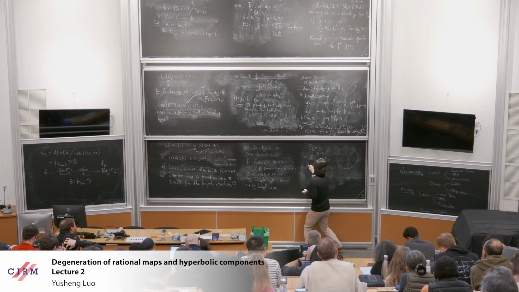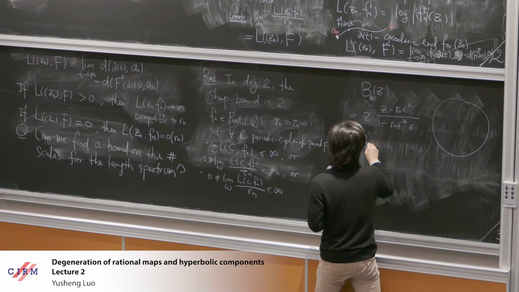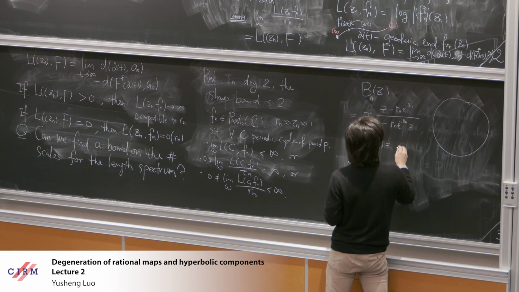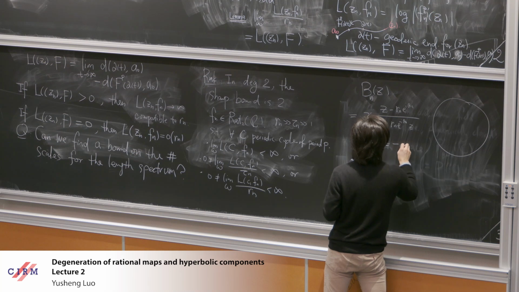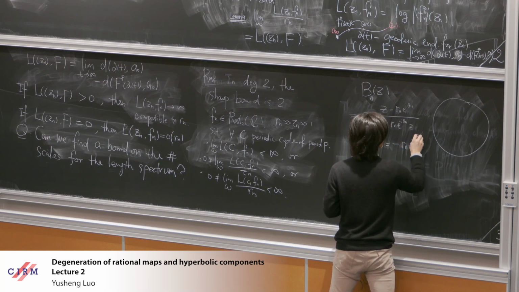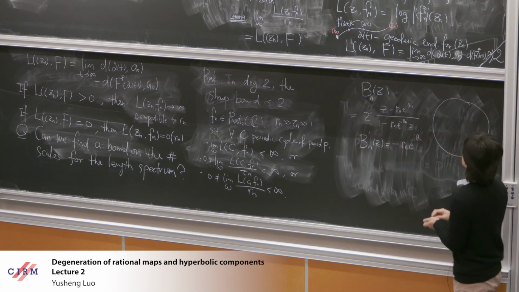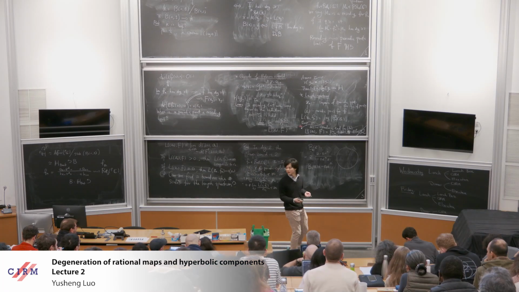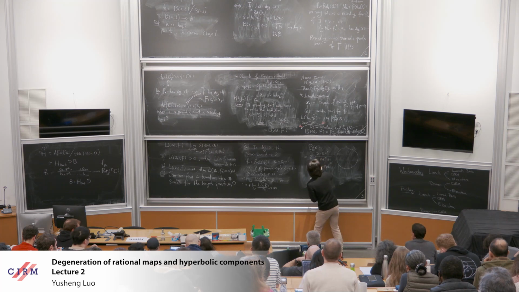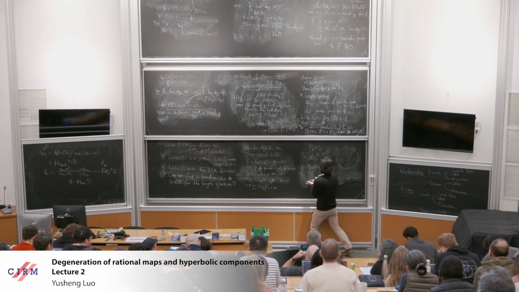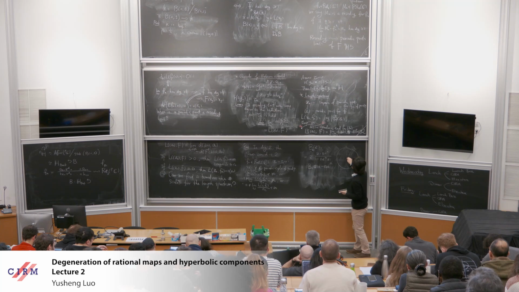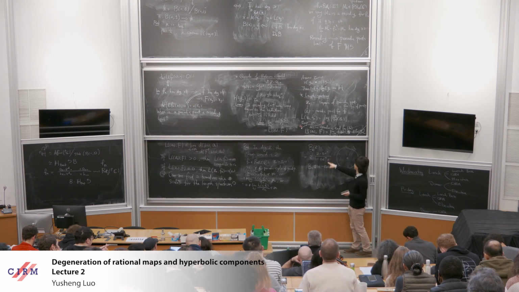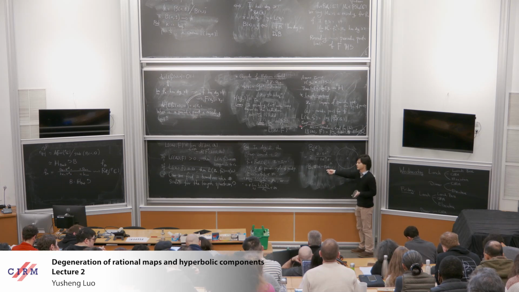And one can compute the derivative of this at 0, which is simply minus R_n e^{i theta_n}. So 0 is the attracting fixed point, and the derivative at the attracting fixed point is, you can compute explicitly, simply this number.